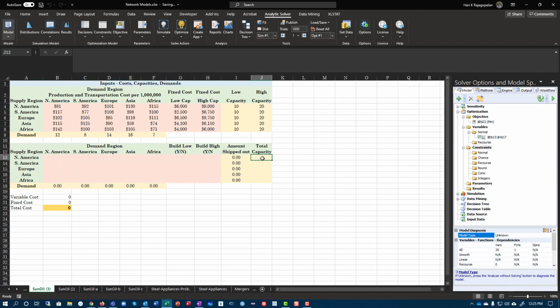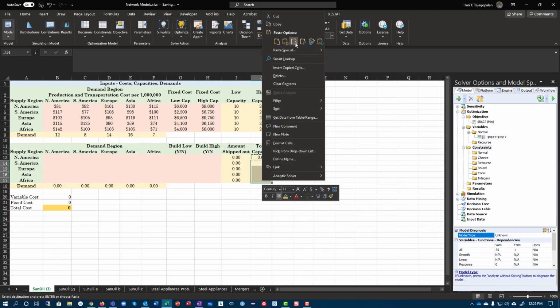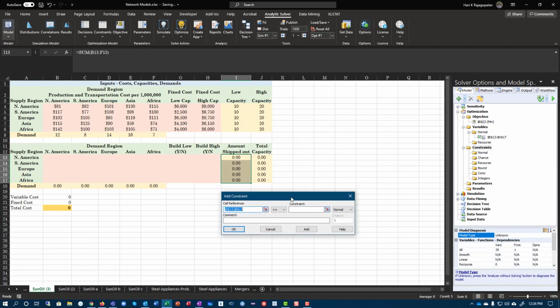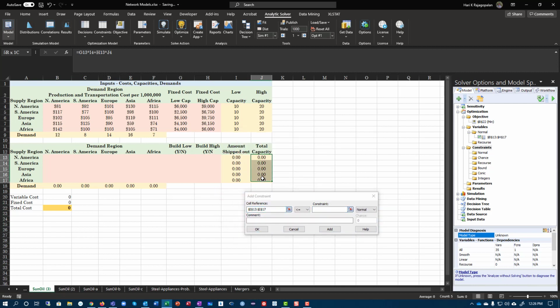Of course, I forgot to put your total capacity, which is going to be this multiplied by 10 plus this multiplied by 20. So if this is a 1, you get 10. If this is a 1, this gets 20. And then now you can copy these all the way down here. Now in constraints, you know that amount shipped is going to be less than or equal to your total capacity.